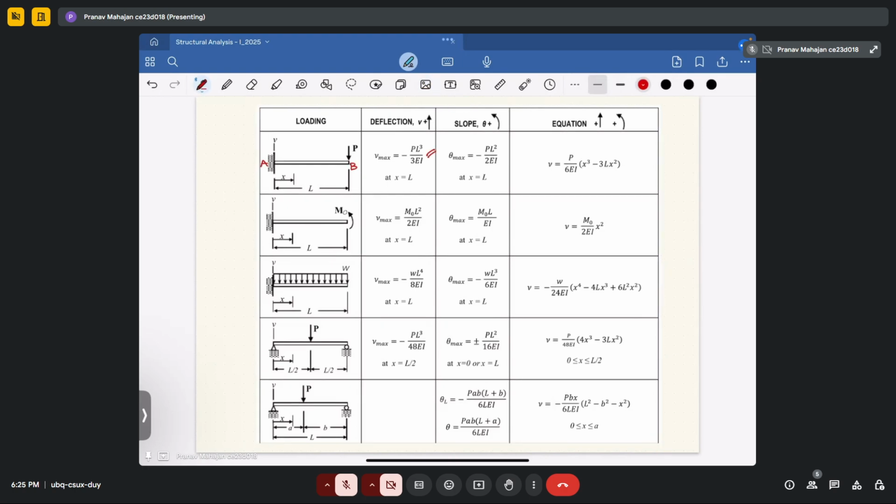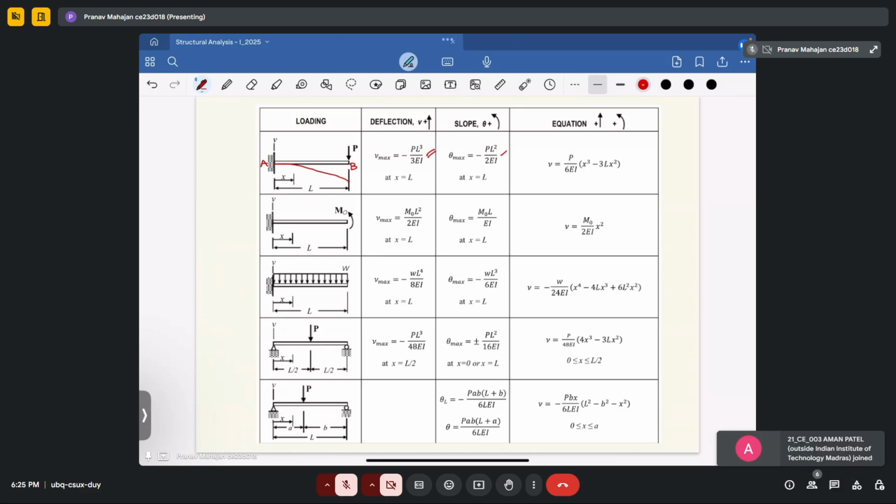So this beam will deflect like this, with the maximum deflection at point B, equal to PL cube upon 3EI. If you have to find the slope, the slope is PL square upon 2EI.